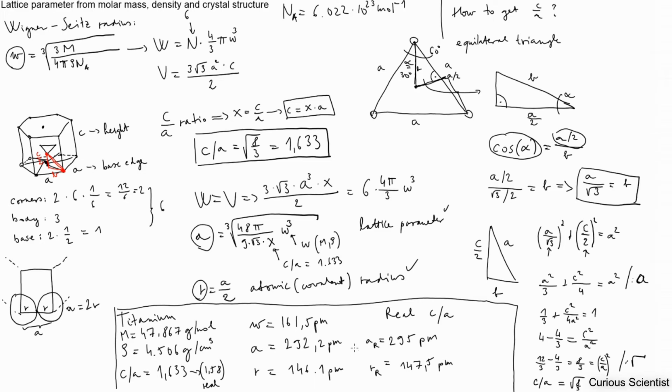So there is a small difference, and sometimes it is important to get the perfect number. So sometimes we should use the real one, but if you just want to assume it, or if you get an exam, then you will definitely use the theoretical one.